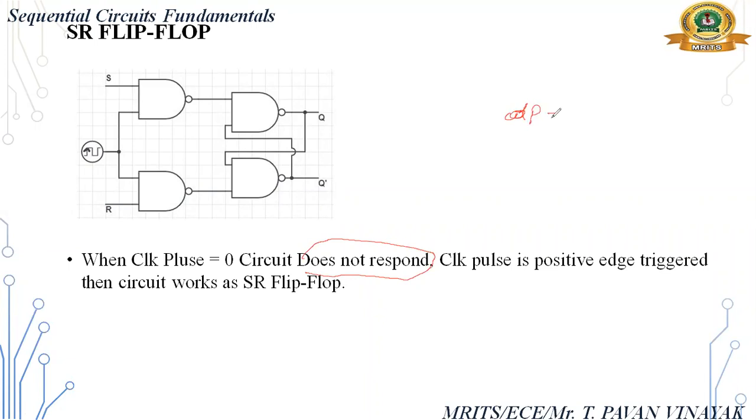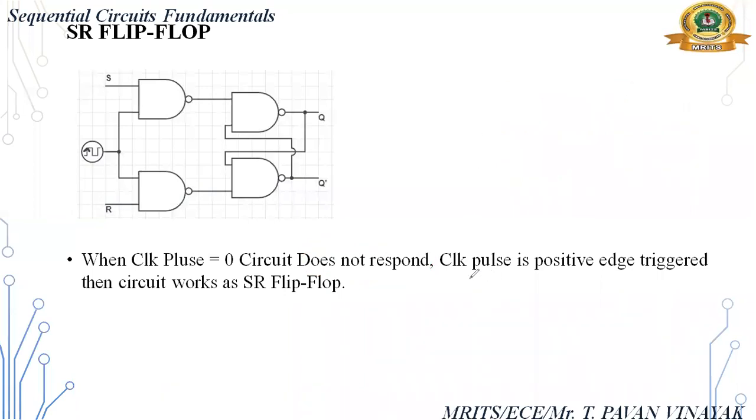In a combinational circuit, doesn't respond means output is 0. But in sequential circuits, doesn't respond means output will be the previous state. Remember this point. This is very important while drawing timing diagrams.